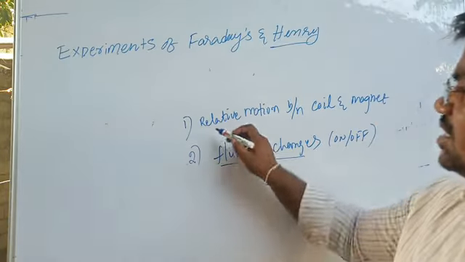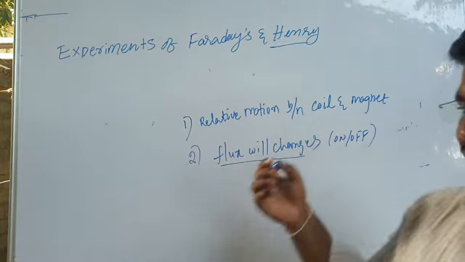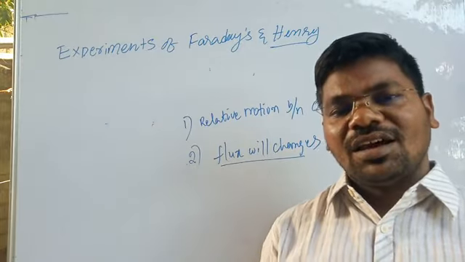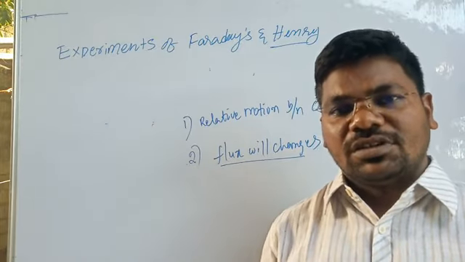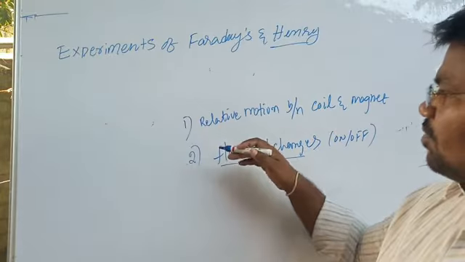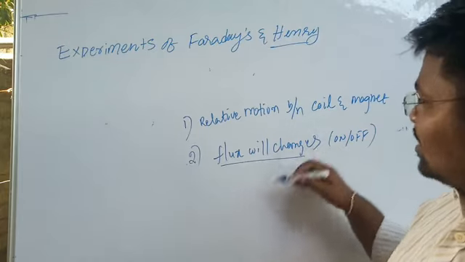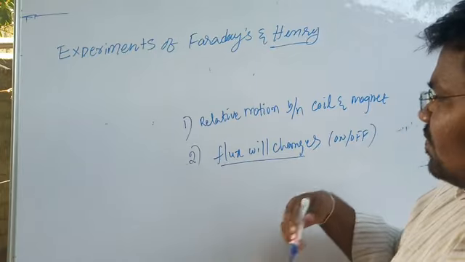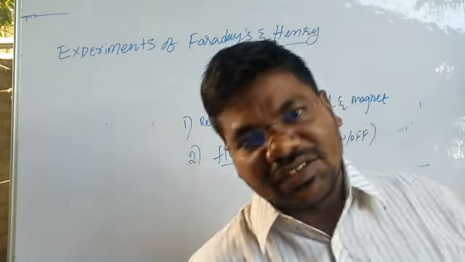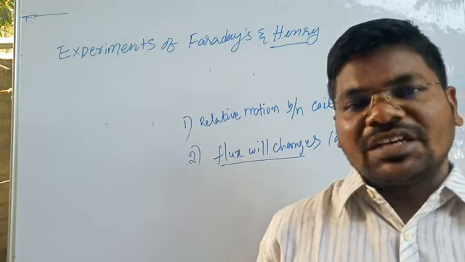Otherwise, relative motion between coil and magnet, if the magnet is in motion or the coil is in motion. So relative motion between coil and magnet is also an example of flux change.